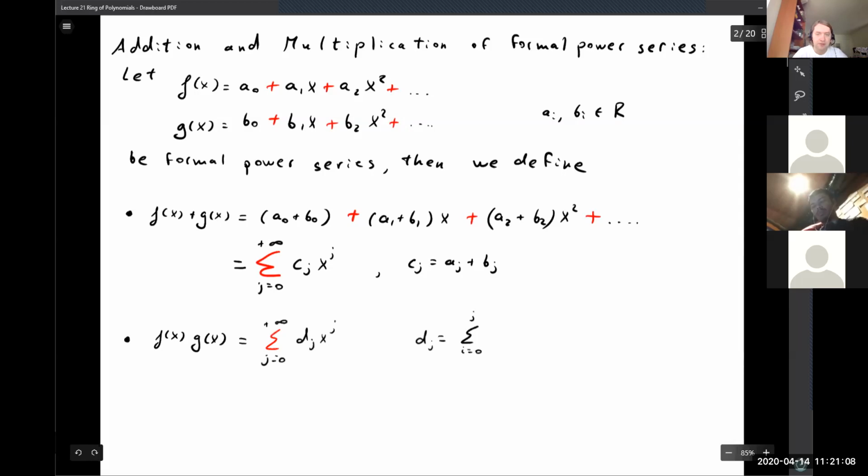That will be a sum from i equals 0 to j of a_i multiplied by b_{j minus i}. Now, this is an actual sum of elements in R.